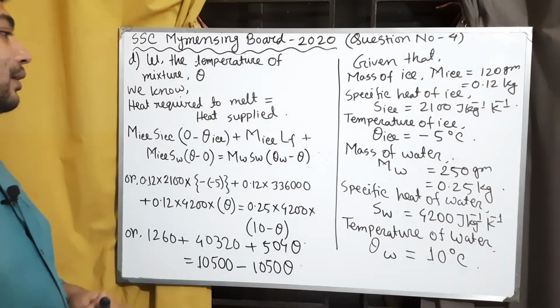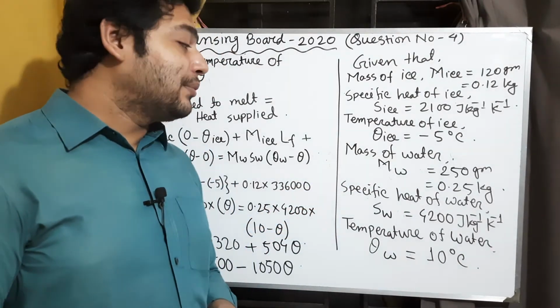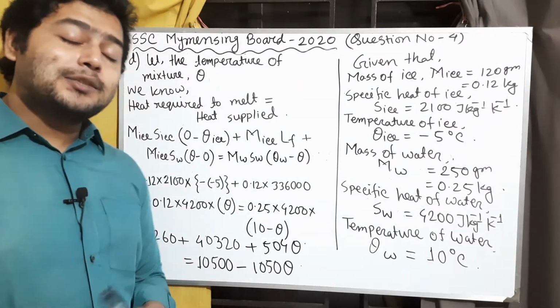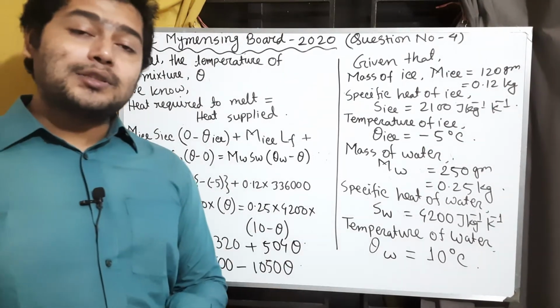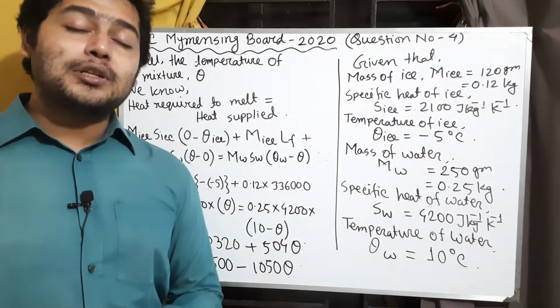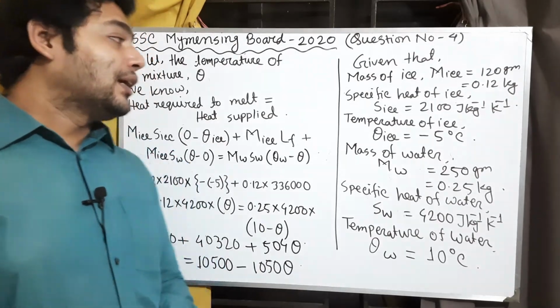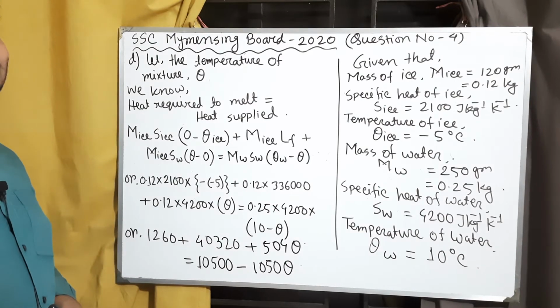Okay, now we also have been given that the mass of water, Mw, equal to 0.25 kg. The specific heat of water is 4200 joule per kg per Kelvin, and the temperature of water, theta W, equal to 10 degrees Celsius. Here let the temperature of the mixture be theta.